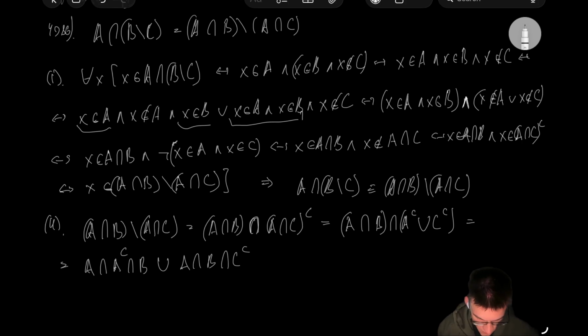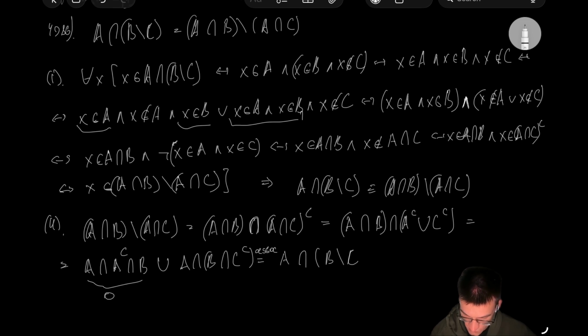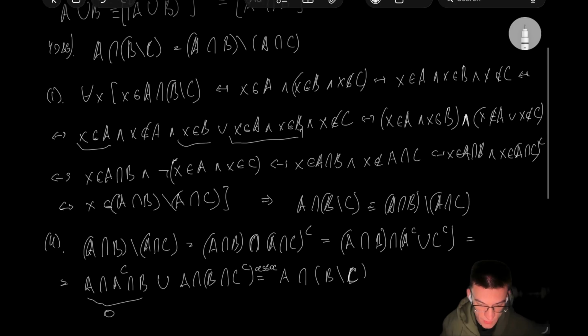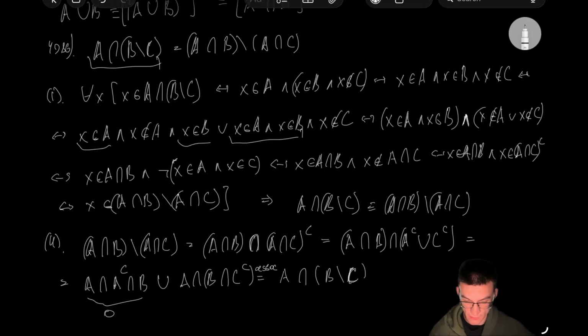The first part gives us a contradiction, which is the empty set, and the second part we can simplify using the associative property, which gives us A intersection (B minus C), the original expression on the left side. So that's pretty much the whole proof behind this problem.